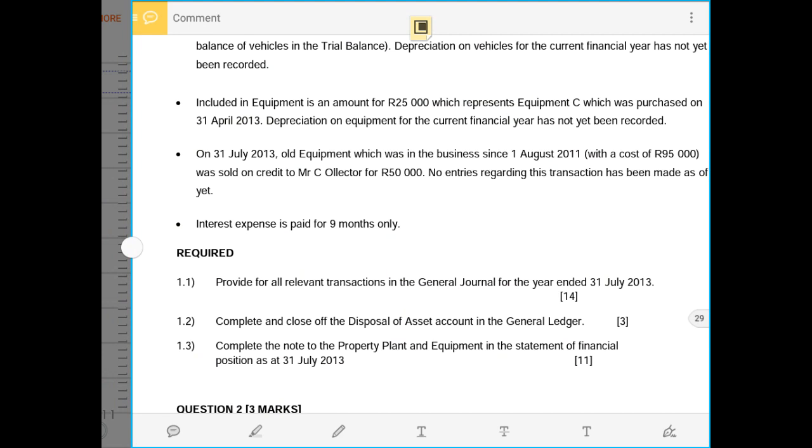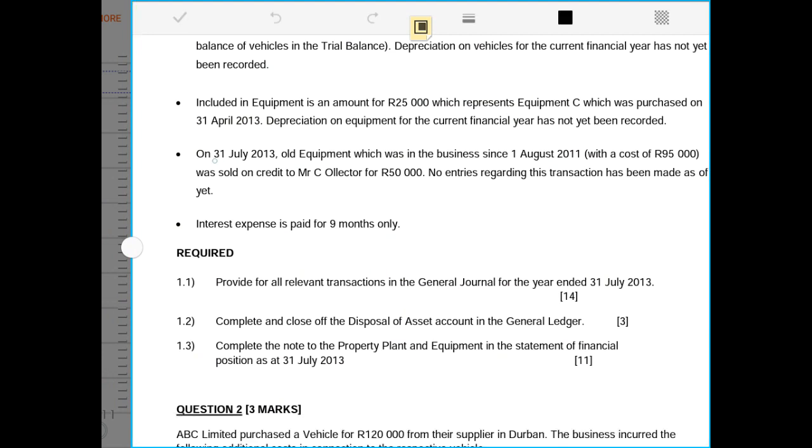The third dot says on the 31st of July, which is the end of the accounting period, because the year end is 31st July. This was the end of the year. On the 31st of July, old equipment which was in the business since the 1st of August 2011 with the cost price of 95,000. Do you see this 95,000?